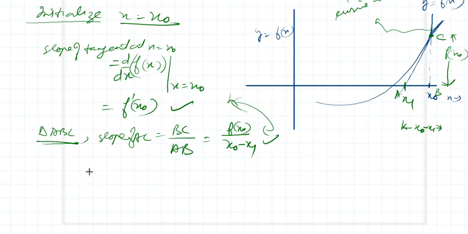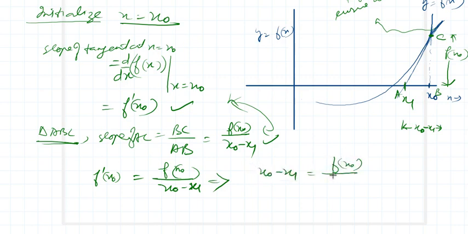It means f prime of x naught is equal to f of x naught over x naught minus x1, which implies x naught minus x1 is equal to f of x naught over f prime of x naught.